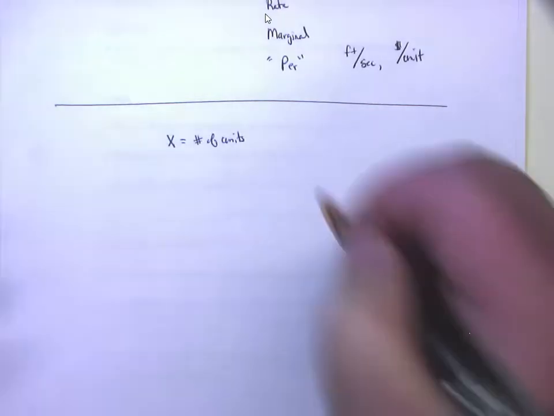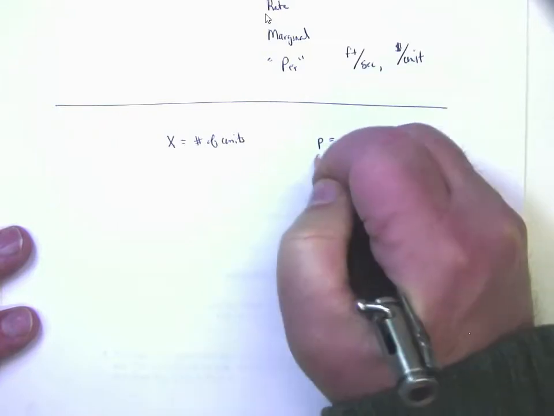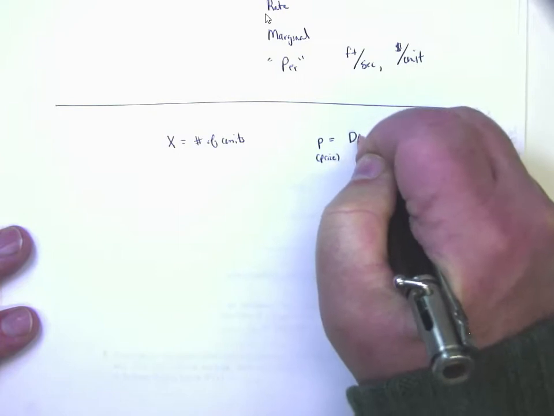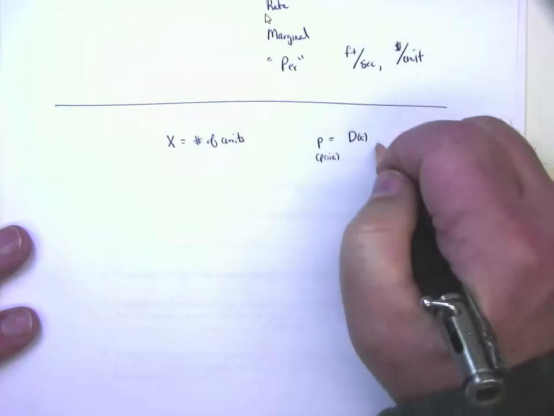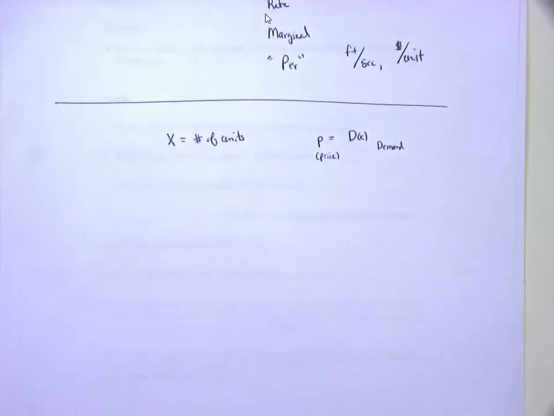And p, little p, is typically denoted as the price of said units, and it's equal to D of x, called the demand equation. You have a demand equation, and you also have a supply equation, which we'll call S of x later on. Typically p, the price of said commodity, is equal to D of x.